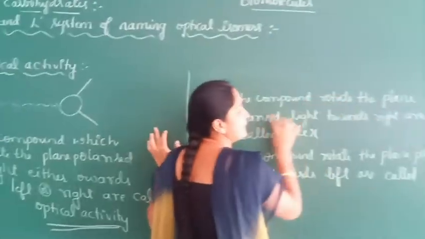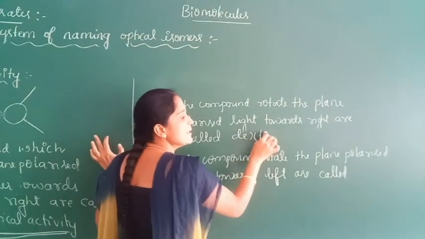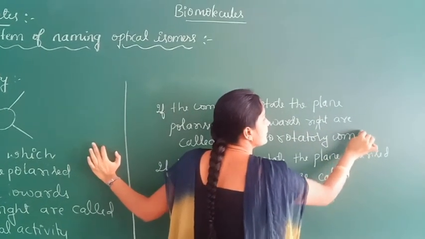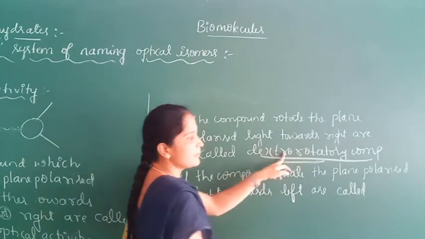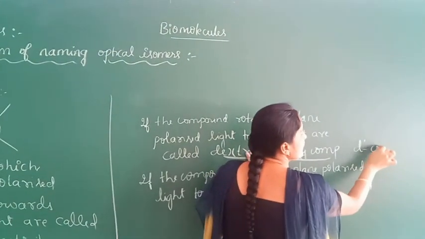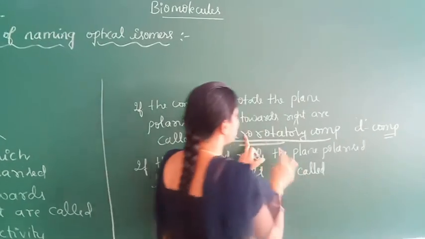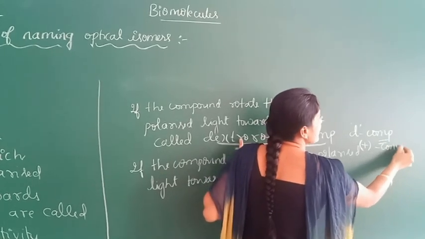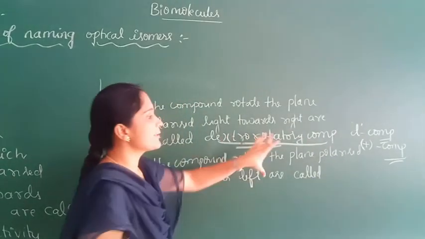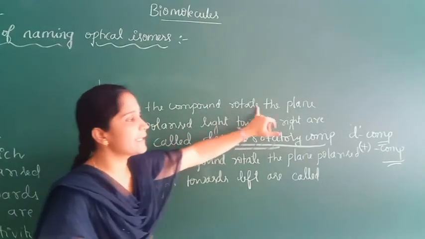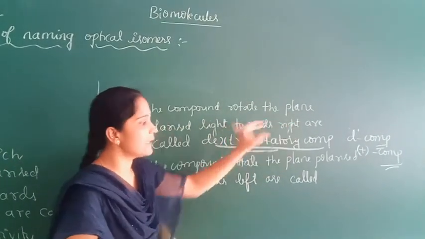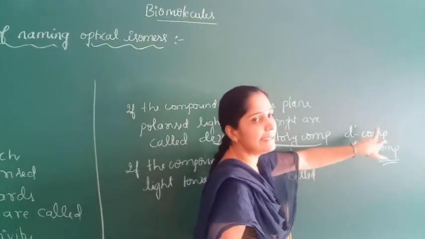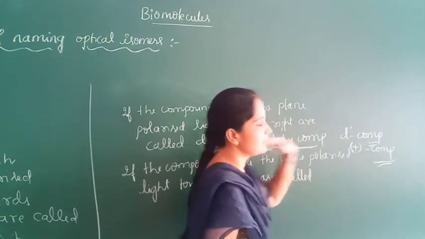If the compound rotates the plane polarized light towards right, they are called dextrorotatory compounds, indicated as D compound or plus compound.